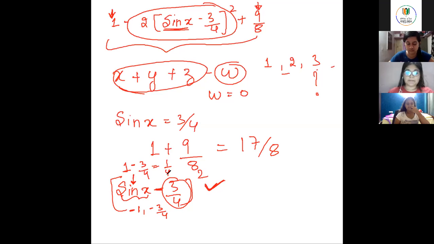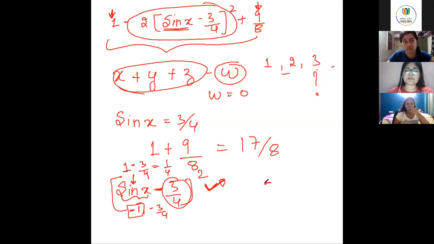Okay, so here this thing, minus 3 by 4, is negative. So after checking three values, which are 1, minus 1 and minus 3 by 4, I got to know that sin x should be negative to get me this function at highest, so that I can make the whole function minimum. So I can take the extreme negative value. What is the extreme negative value for sin x? Minus 1.